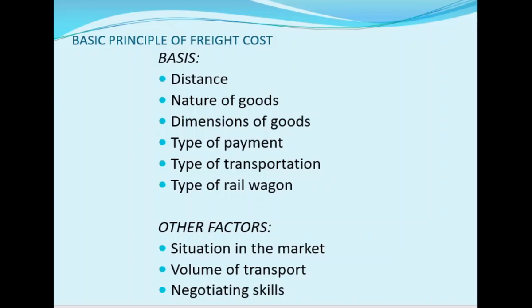The type of transportation used may also determine the cost of freight. If goods are to be transported using a combined transport system, they may definitely differ in cost from transporting goods using a multimodal system, where goods will be handled at transshipment points, and the goods may require the use of different sorts of wagons or loading units.